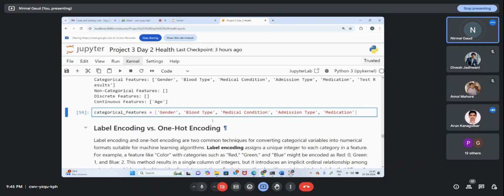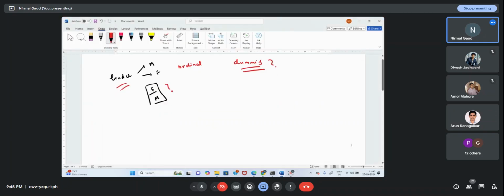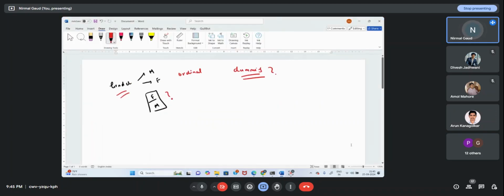Dummies. What about blood type? Is blood type in order? Does A come, then B, then C, then D, something like that? Or is it like A positive or B positive?